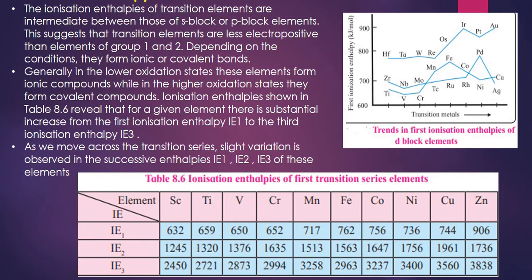When it comes to the second electron in the 4s, we would require almost double the energy, that is 1245 kJ per mole, and the third ionization enthalpy is almost double that of the second. So this is how the ionization enthalpy varies for d block elements.